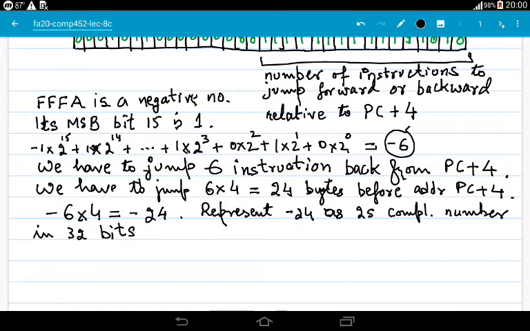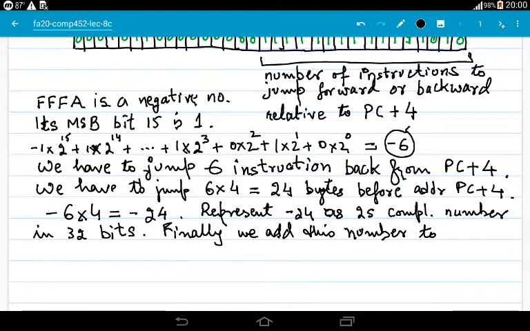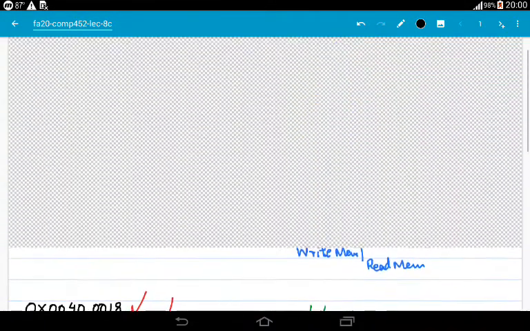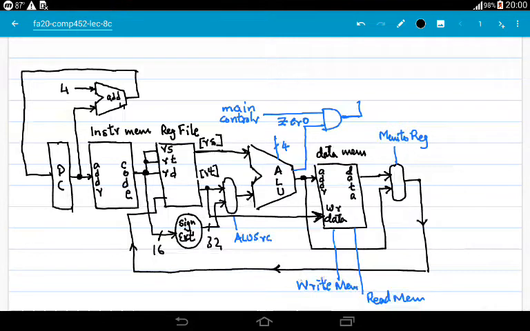Okay, and finally we add this number to PC plus 4, which is available to us. Look, this is where it's available to us. This is PC plus 4. It is available to us.